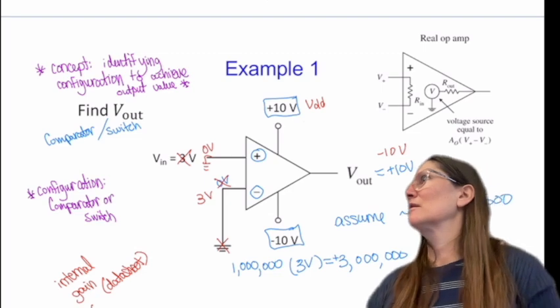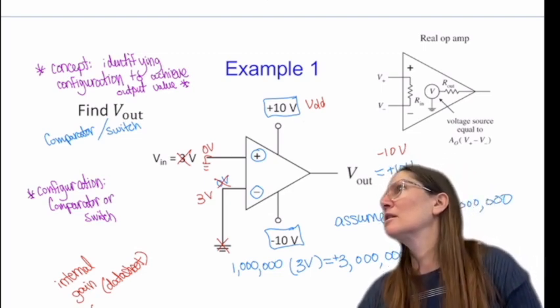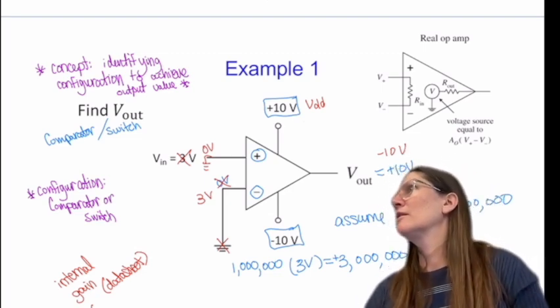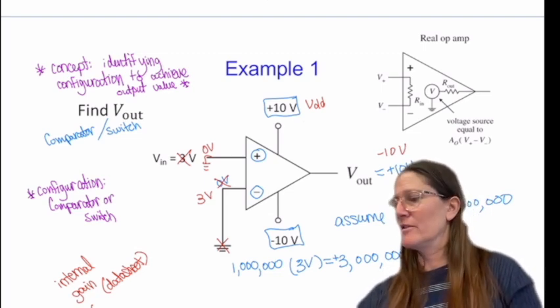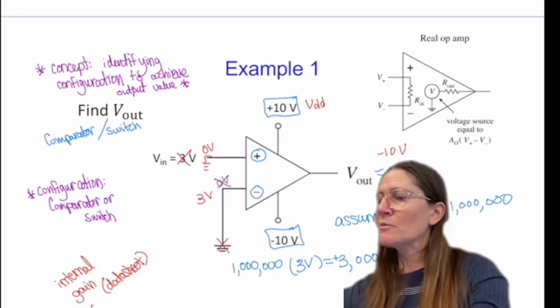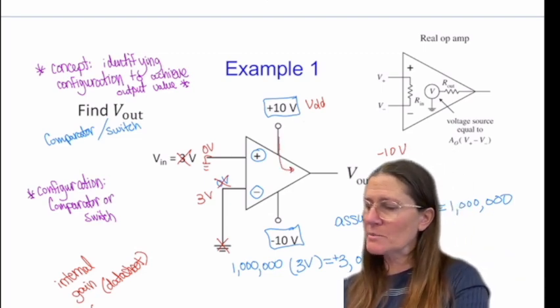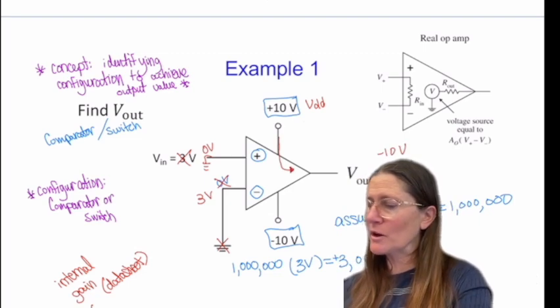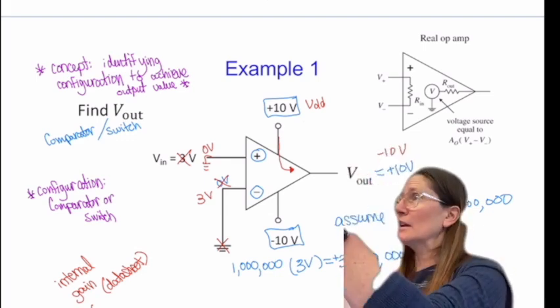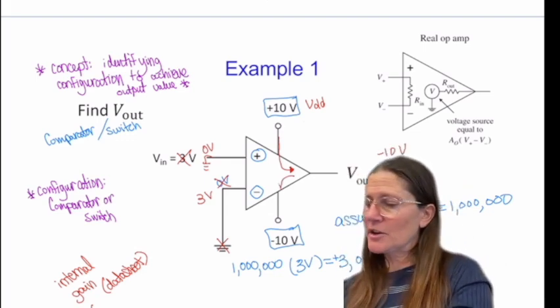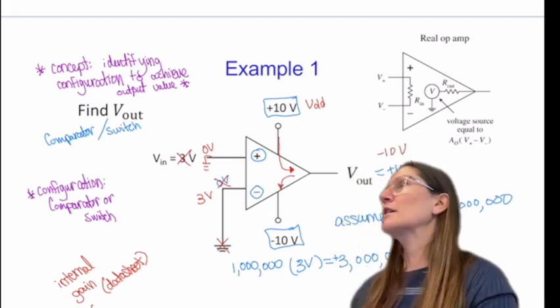Yes. If we have the minus 10, doesn't that mean it's a power draw? So one side of our op amp is using power and one side is supplying power? So it will be pushing current depending on the value out. At plus 10, it's supplying the current out, and for a negative, it's drawing it in. Okay.